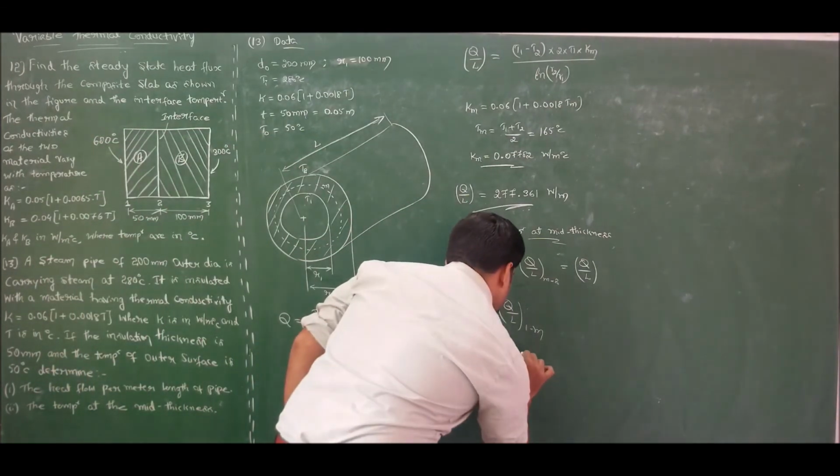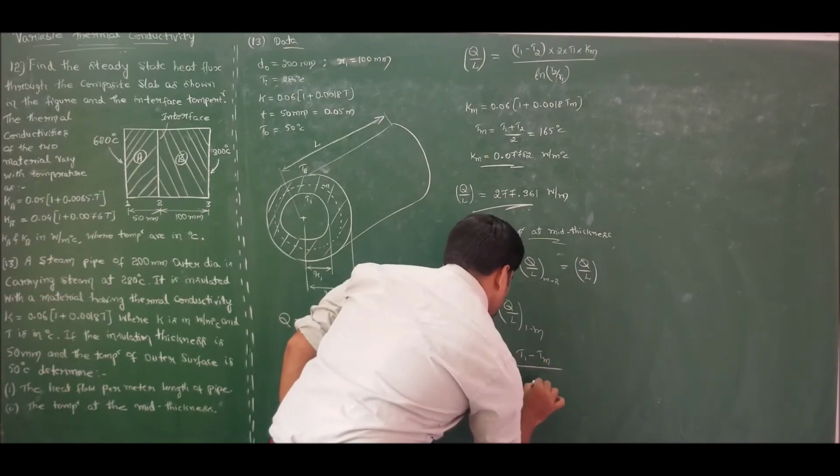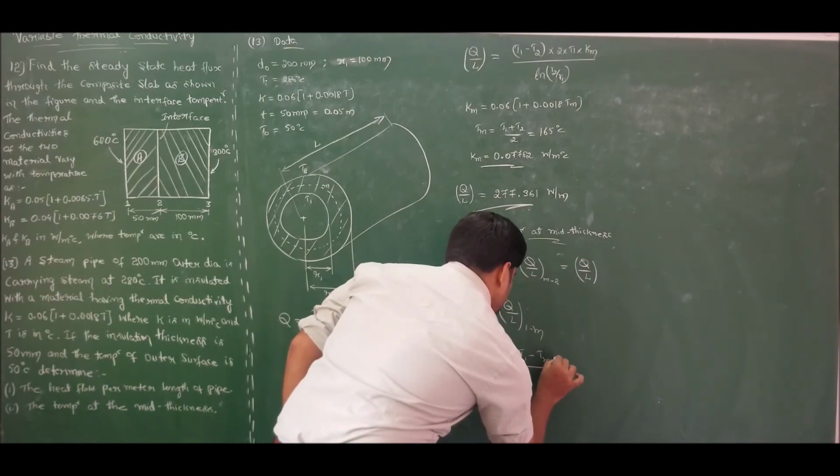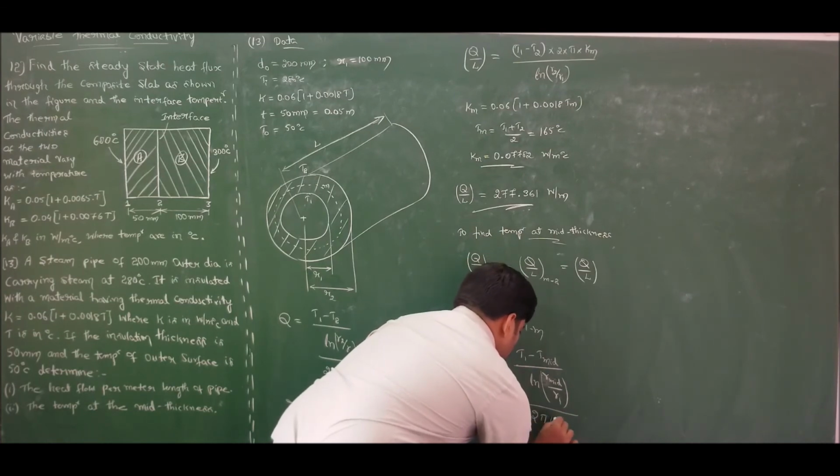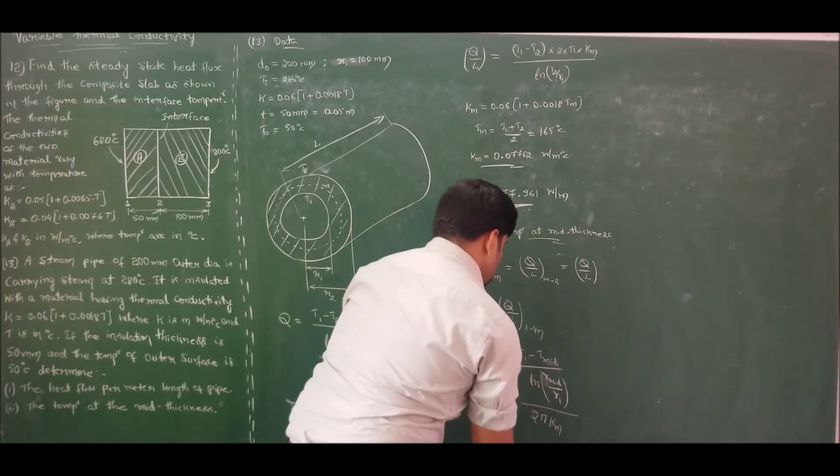The formula will become T1 minus temperature at mid thickness, let me write it as T mid to avoid confusion between mean and mid, divided by ln of R mid by R1 divided by 2 pi K mid.